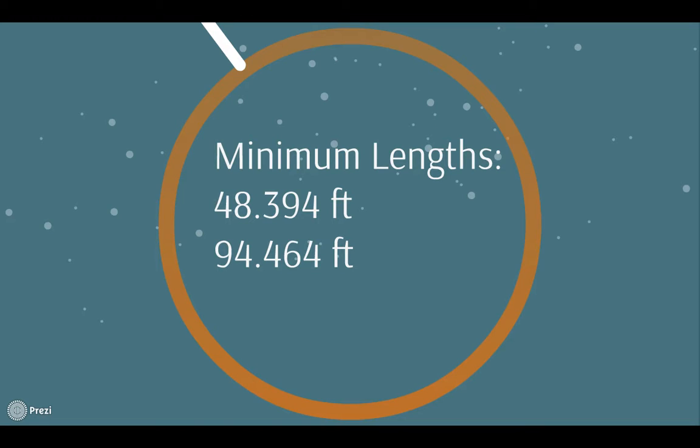After interpreting the data that our group collected from the points of intersection on the graph, we came to the conclusion that the minimum lengths needed for the enclosure to cost $5,000 were 48.394 feet and 94.464 feet.